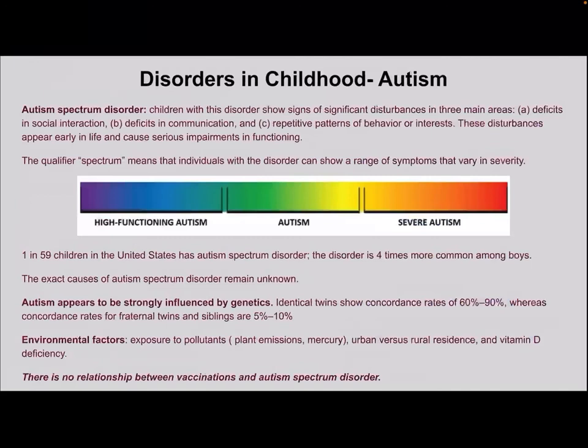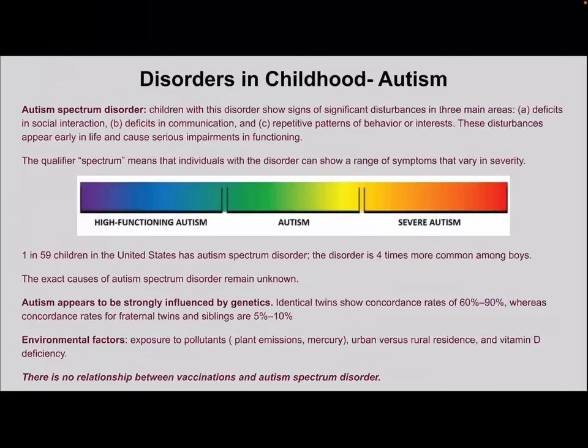These disturbances appear early in life and cause serious impairments in functioning. You can see that it's a spectrum, and they range from high functioning to what is often called severe autism. Again, from what I understand, the autistic community, not a huge fan of this wording here, but I don't want to speak for them.